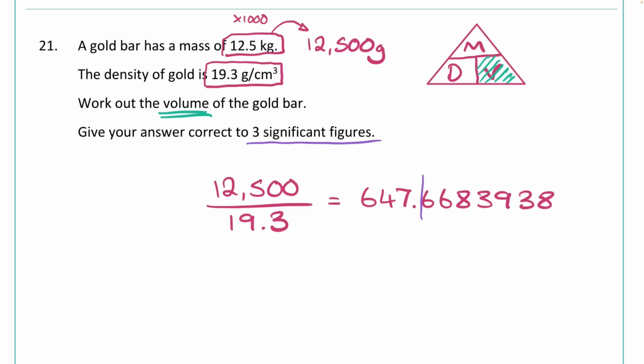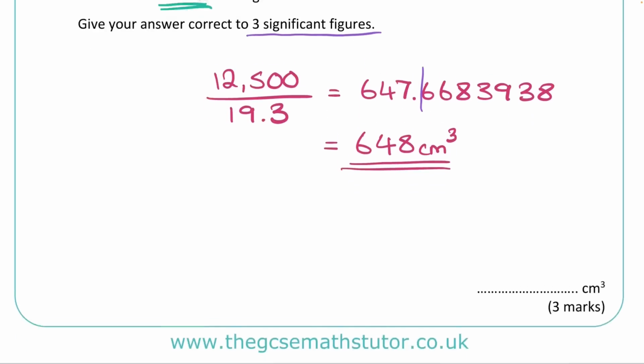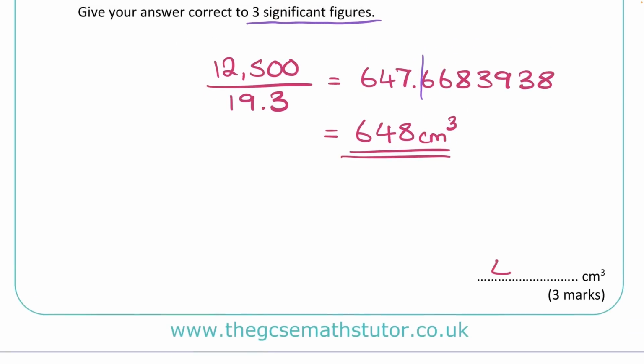So after the decimal there, we have a 6, so it is going to round up. So it's 648. And again, not forgetting that this was a volume, so that is a centimetre cubed, as that's the volume units that are being used in the question. That may of course be on the dotted line, which it is. So 648 is our final answer.